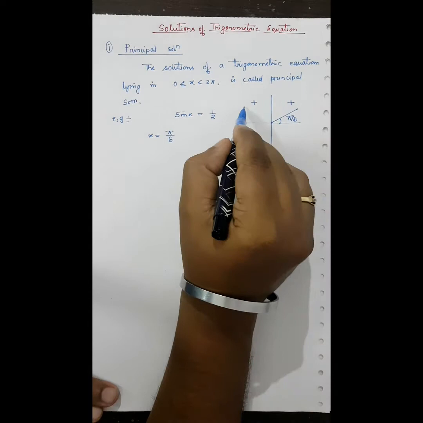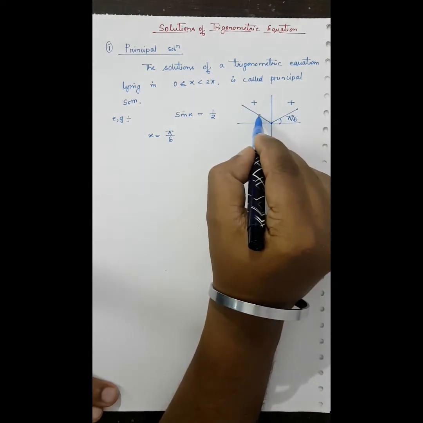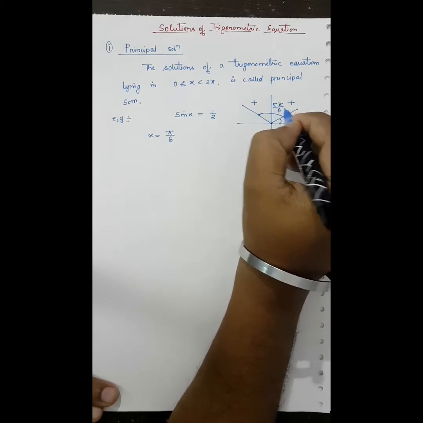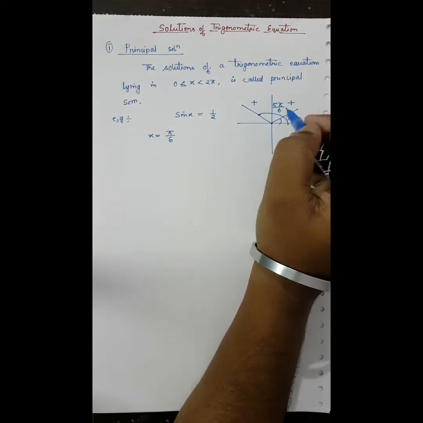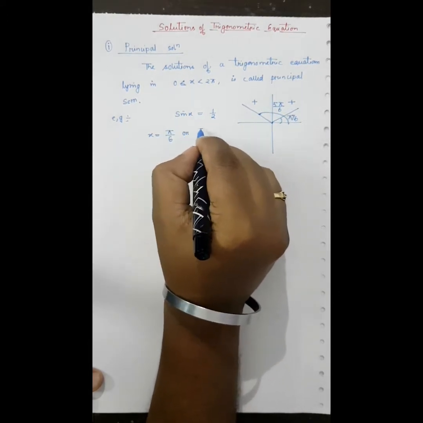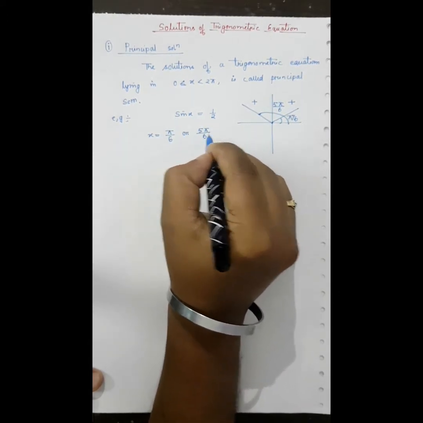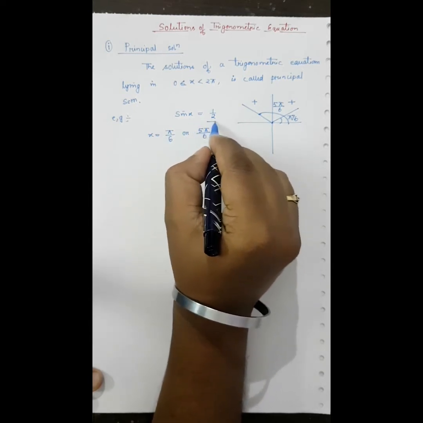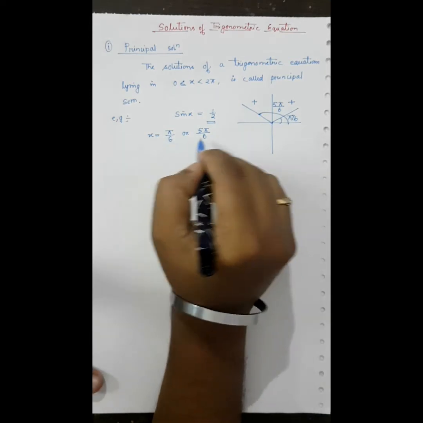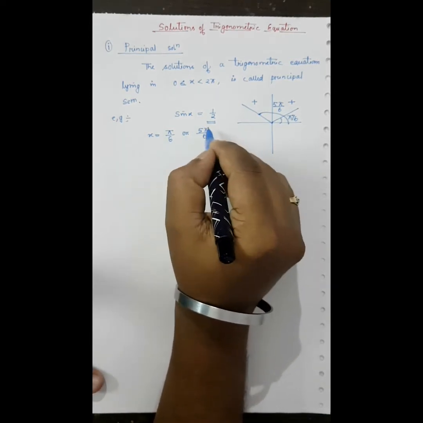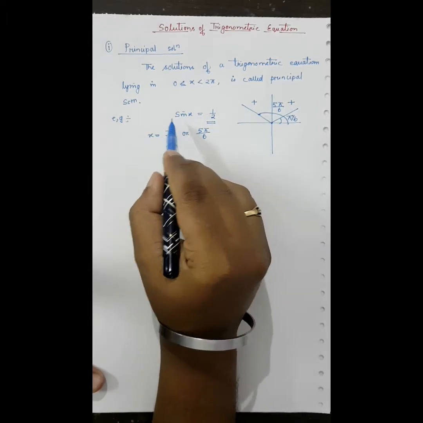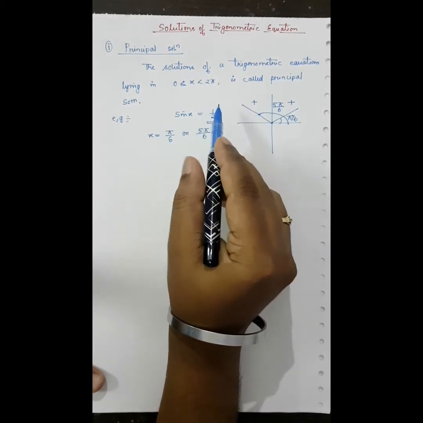Similarly, when the angle reaches the second quadrant and the angle is equivalent to 5 pi by 6, the value of sin x is also half. So, x equal to pi by 6 or x equal to 5 pi by 6 will give the value half. So, sin x is equal to half is possible at 2 points, pi by 6 and 5 pi by 6. So, these are the principal solutions of this equation sin x is equal to half.